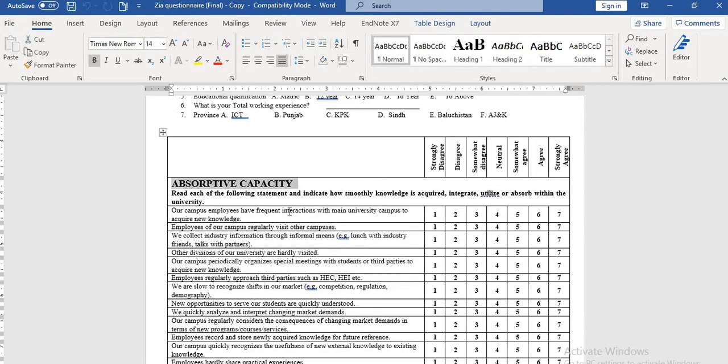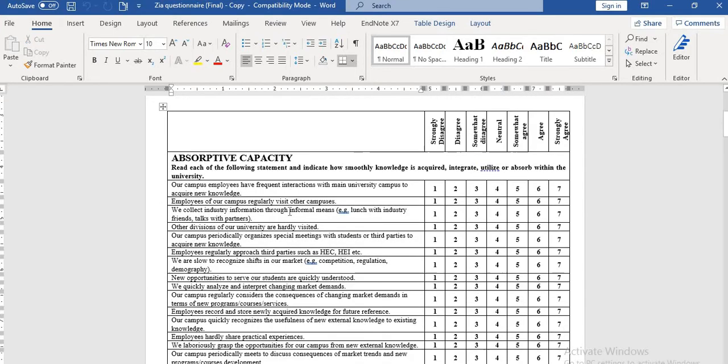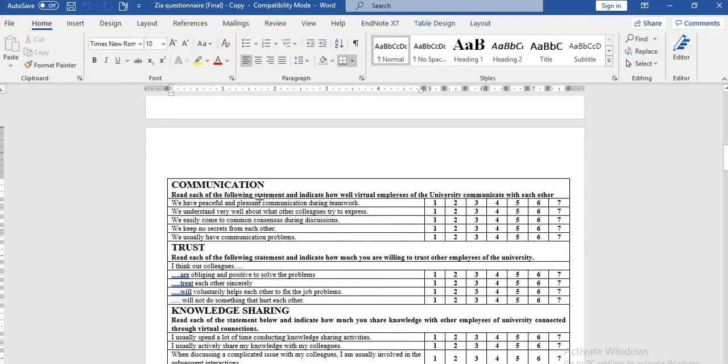So absorptive capacity is a latent variable, which is not shown directly to the respondents. Respondents are giving data on the basis of these questions. So absorptive capacity is a latent variable for these questions. Similarly, these are some other variables.